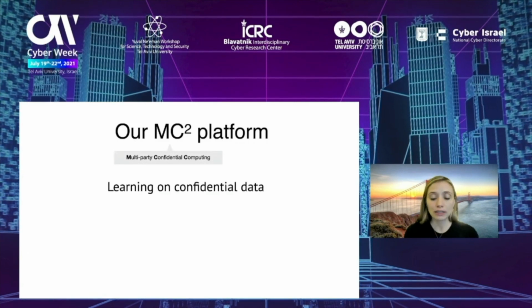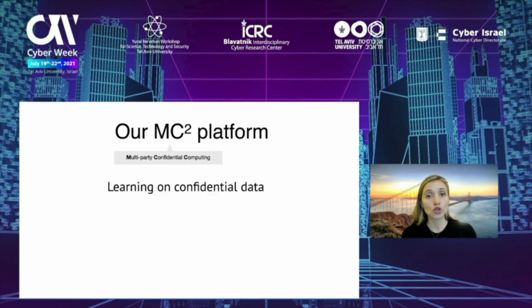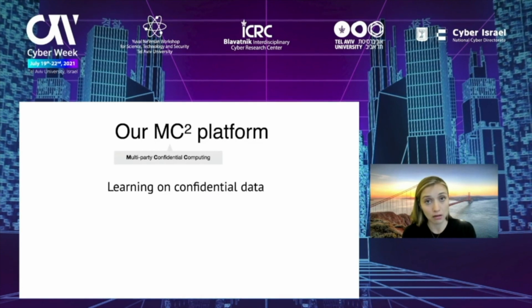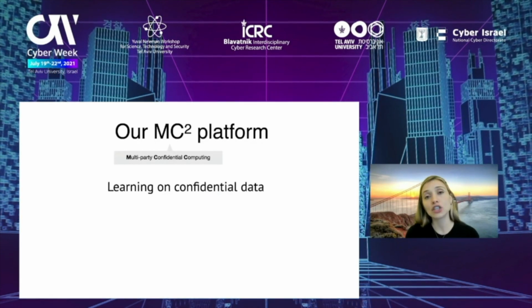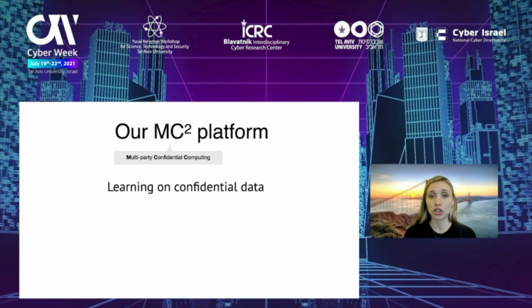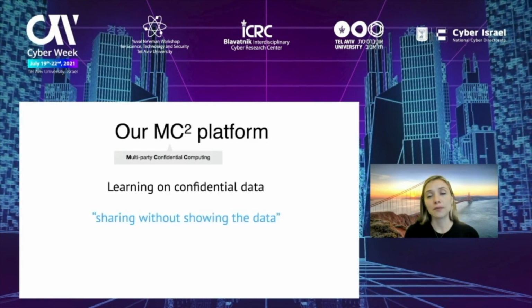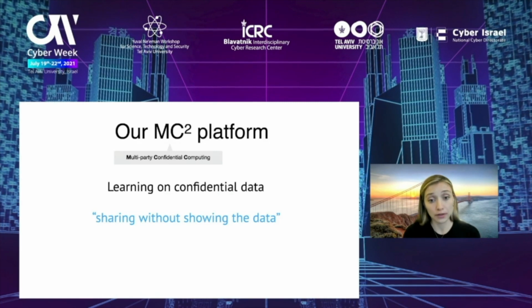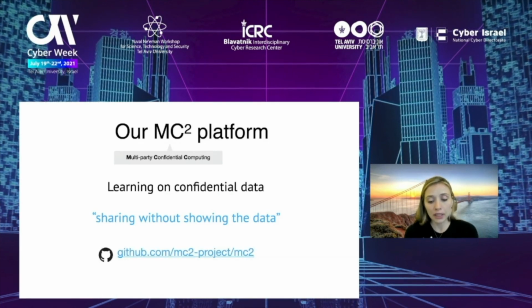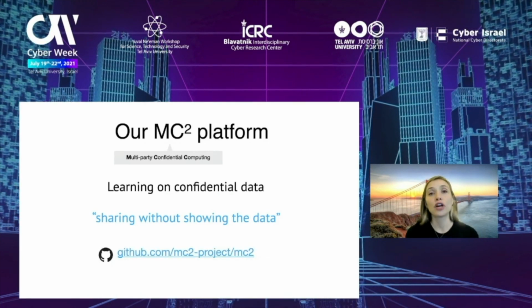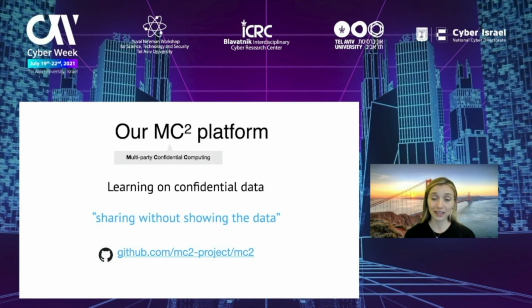So MC Squared enables organizations to learn on confidential data from different organizations without showing it to each other. And this is open source that you can play with. And basically, the technology embodies the principle of sharing without showing the data.